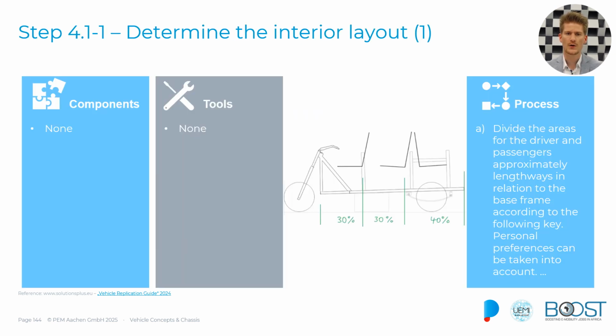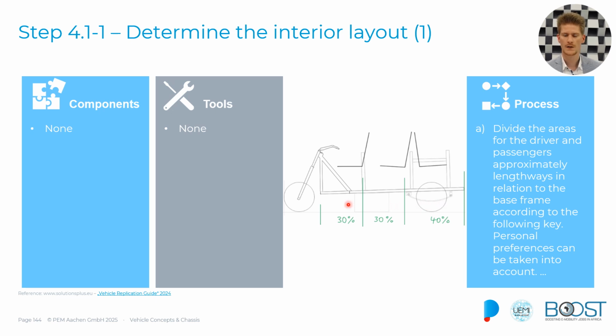If we move on to the first step, we will determine the interior layout, and the interior layout is now split into two slides. First of all, you should think about how you want to divide the surface area available. If we look at this, we have a certain length available.